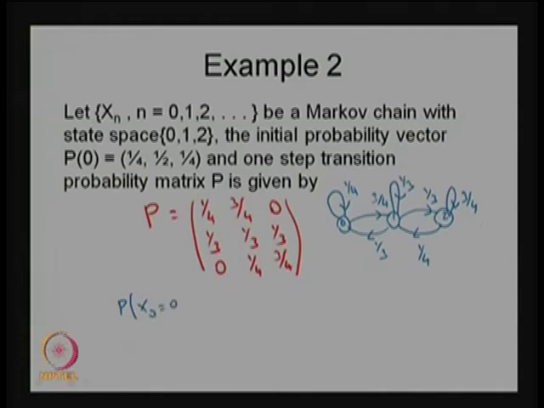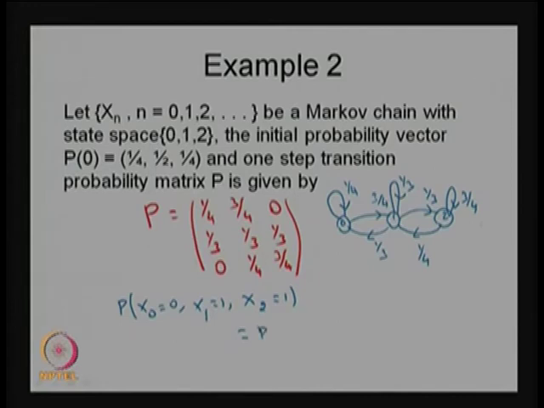Our interest is to find out a few quantities. What is the probability that X0 is equal to 0 and X1 is equal to 1 and X2 is equal to 1? It is a joint distribution of these three random variables. The joint distribution you can write as the product of conditional distributions, and using the Markov property, the conditional probability depends on only one step.